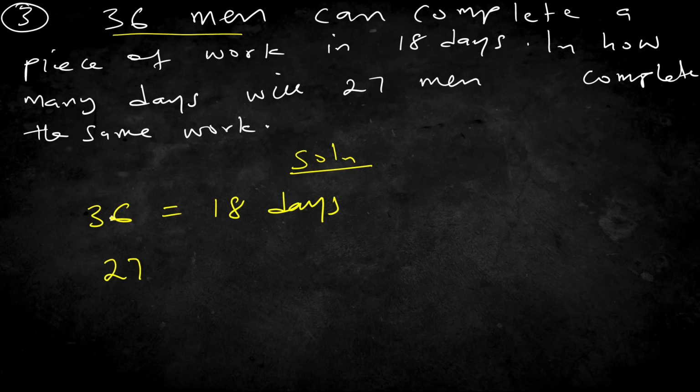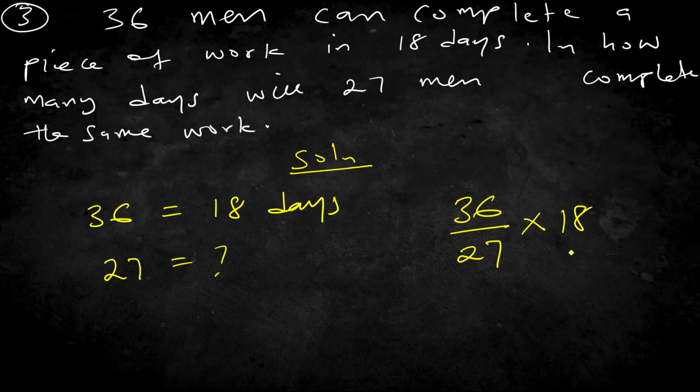So if 36 men are using 18 days, 27 men will use more days, so this one will be a simple proportion. If more, less divide, and if less, more divide, so we have 36 over 27 times 18.